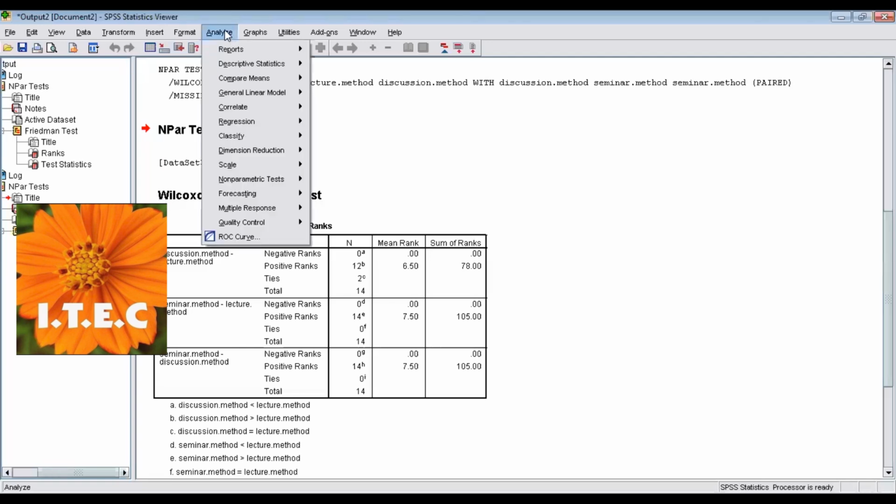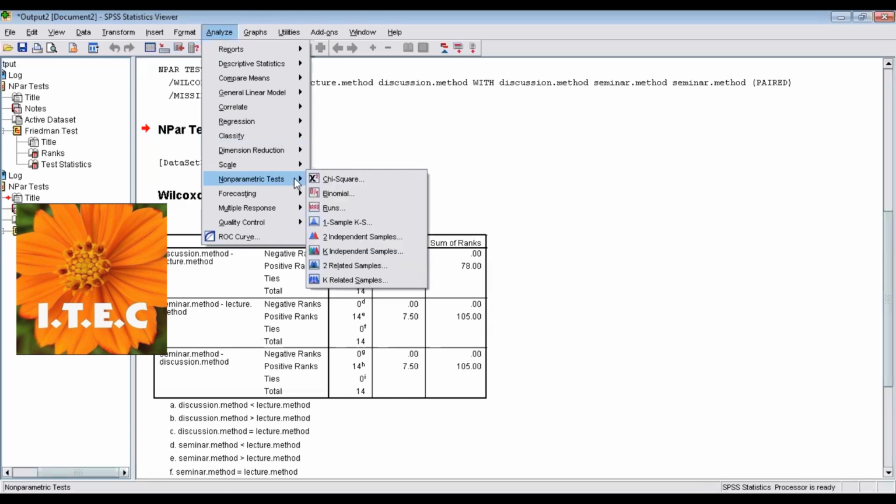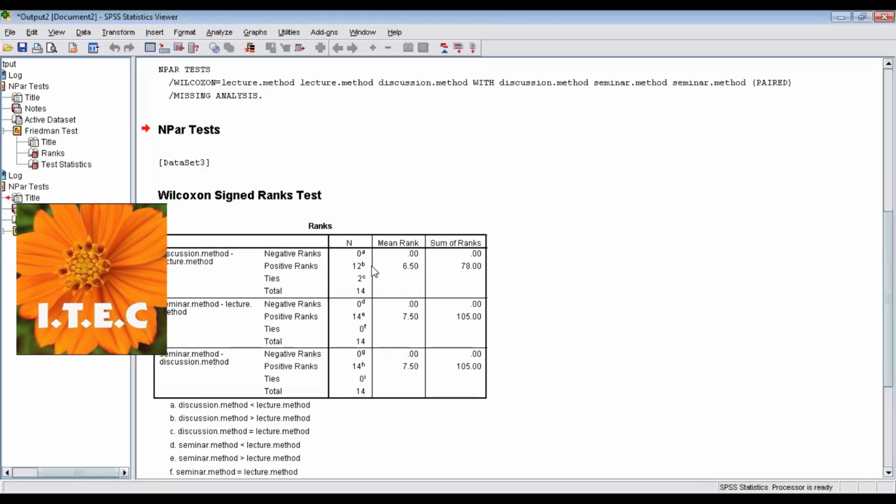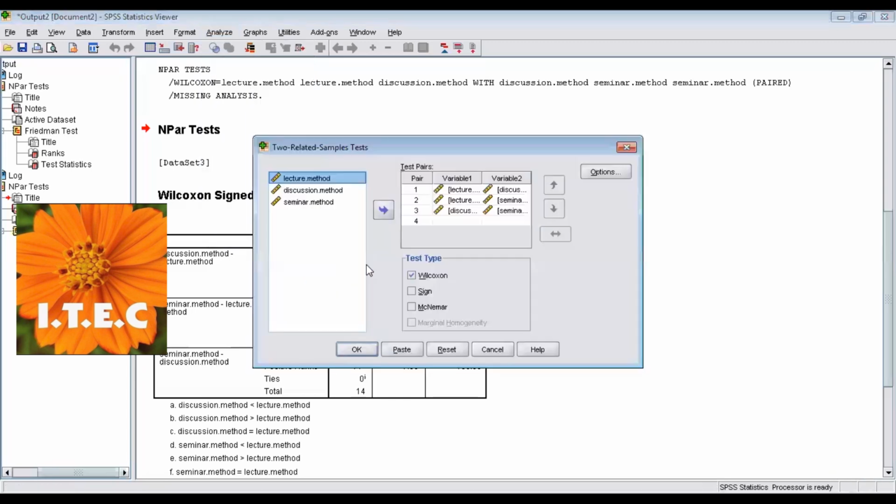You go to Analyze, and then you go to Nonparametric Tests, and then you go to Related Samples.